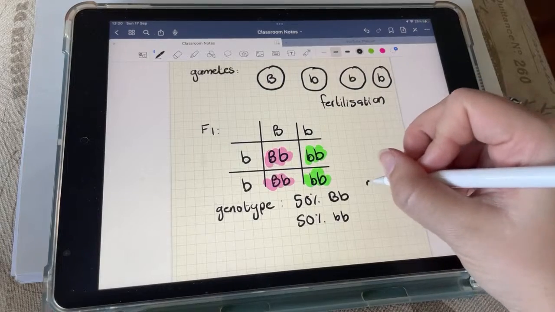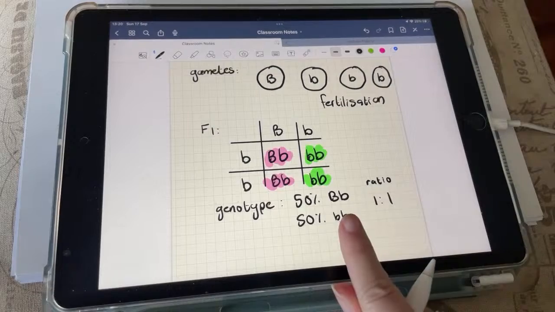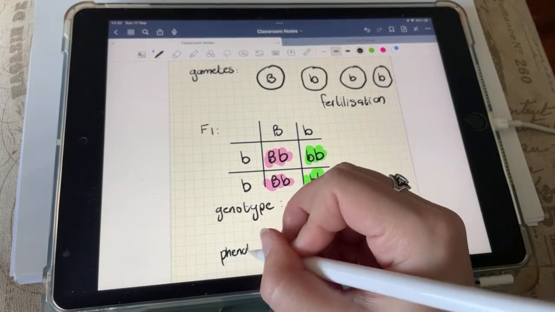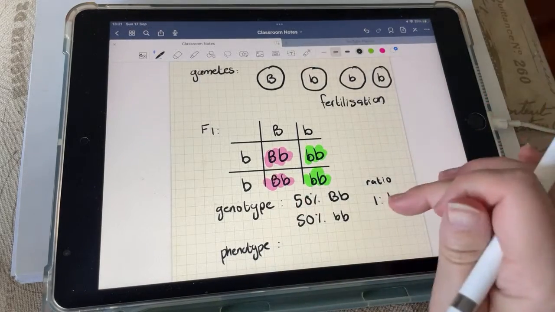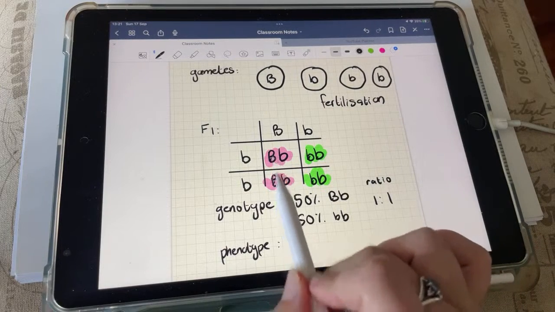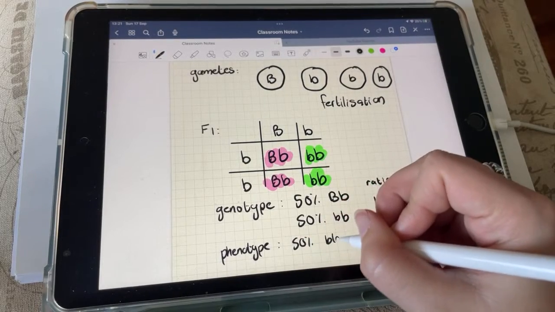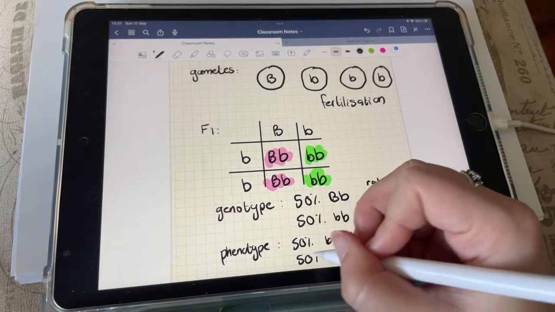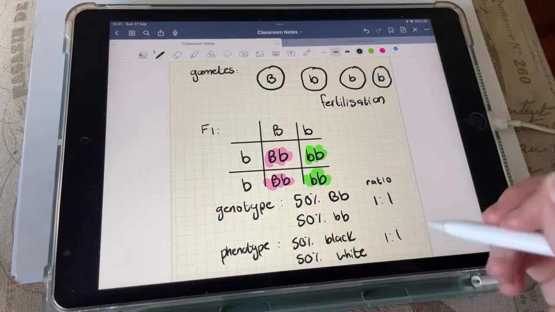And if they ask you to write a ratio, that would be a 1-to-1 ratio because it's 50-50, right? The phenotype, in other words, the physical characteristics of these cows, well, I've got 2 that have a capital B, which means that I've got 50% black cows, and I've got 2 with 2 small b's, so 50% white, and again the ratio is a 1-to-1.